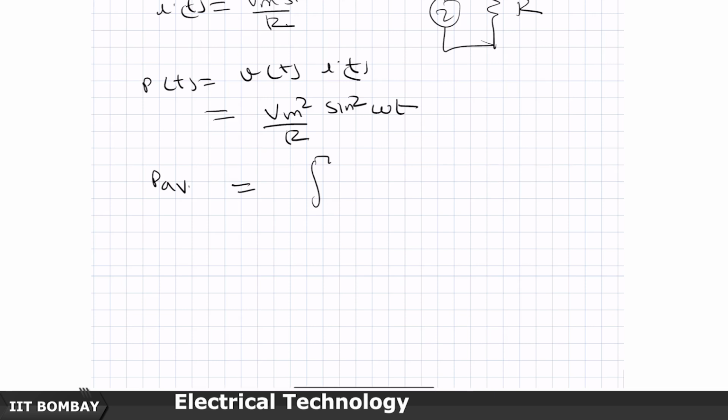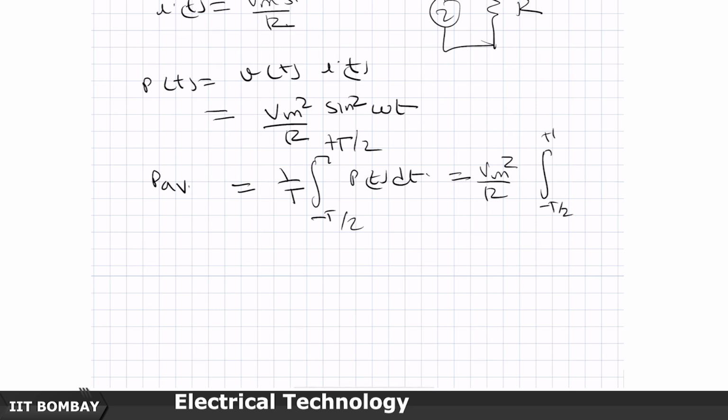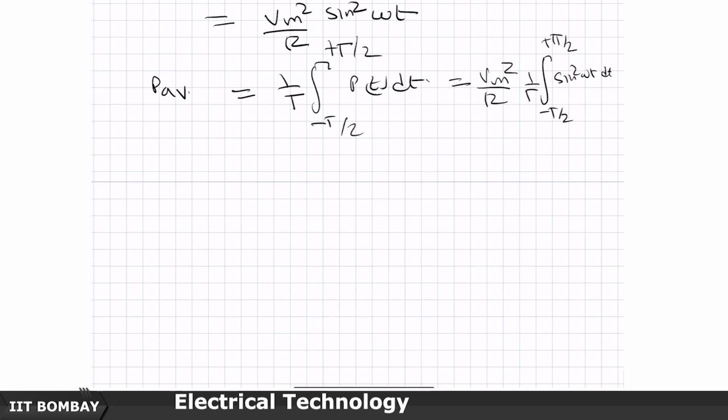So, I go from minus T by 2 to plus T by 2, 1 by T, p of t dt, and if you simplify this, it is going to be Vm square by R, 1 by T, integral from minus T by 2 to plus T by 2 of sin square omega t dt.